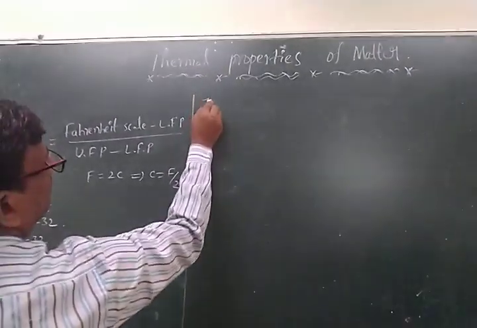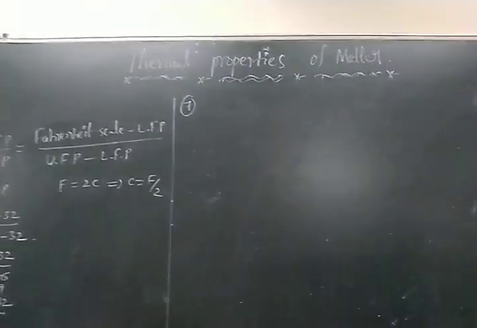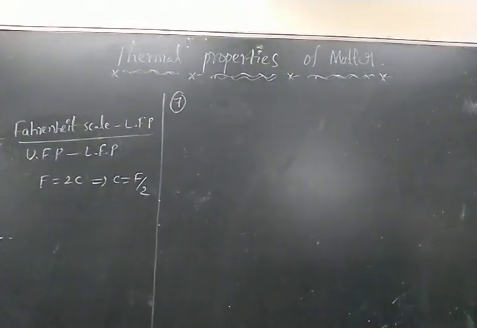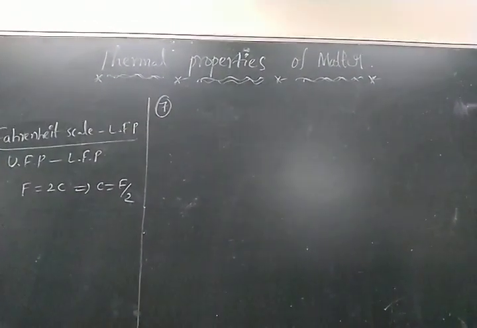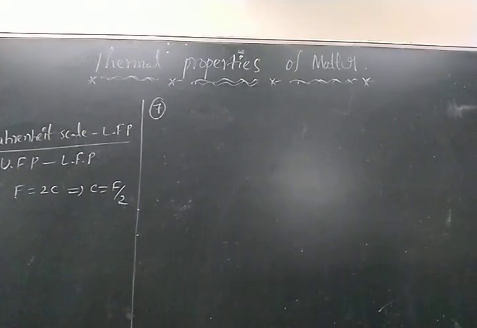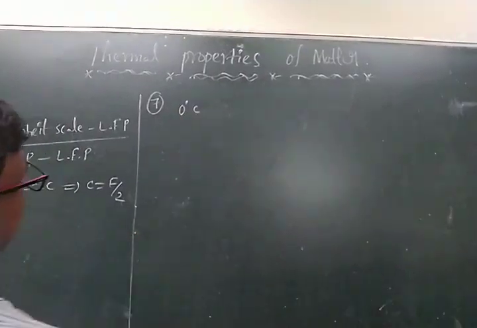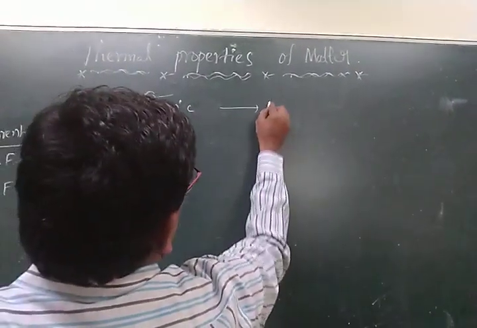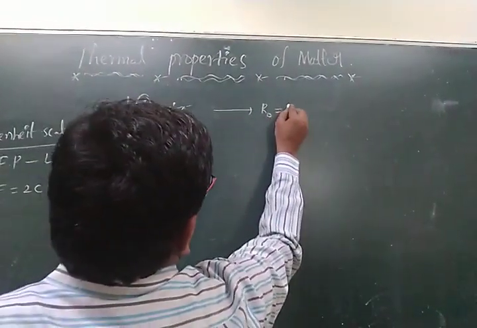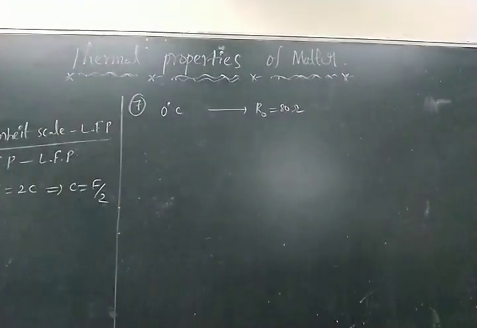Next is question number 7. A platinum resistance thermometer reads 0 degrees centigrade when the resistance is 80 ohms, so R0 is 80 ohms.